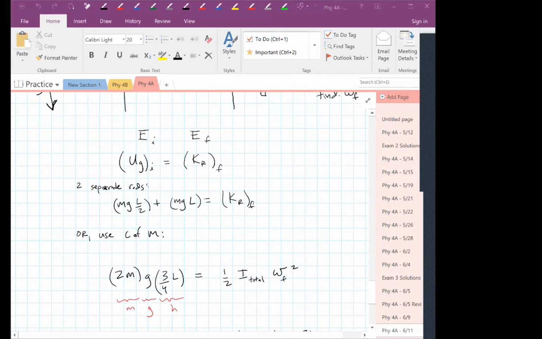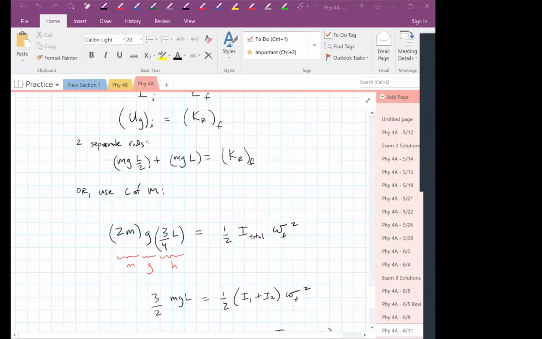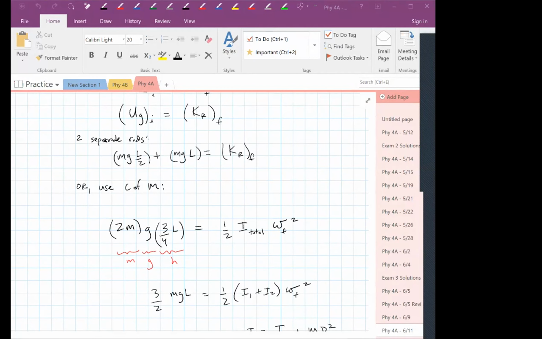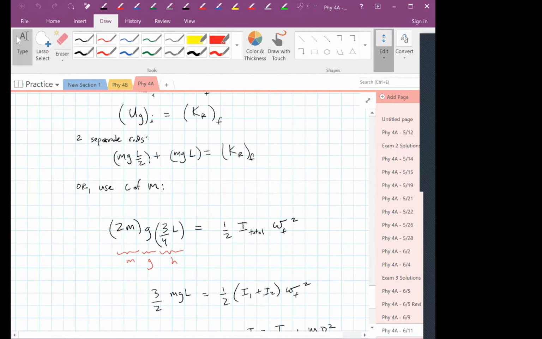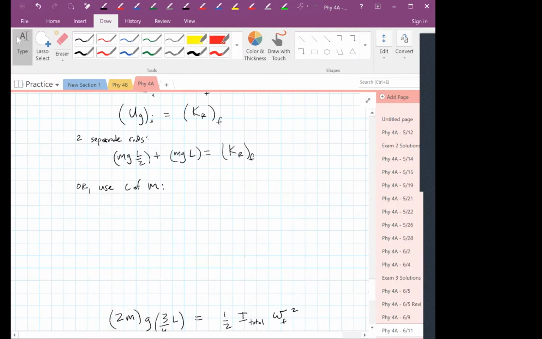Two separate rods, or use center of mass. And when we do the center of mass, we treat them like point objects, right?